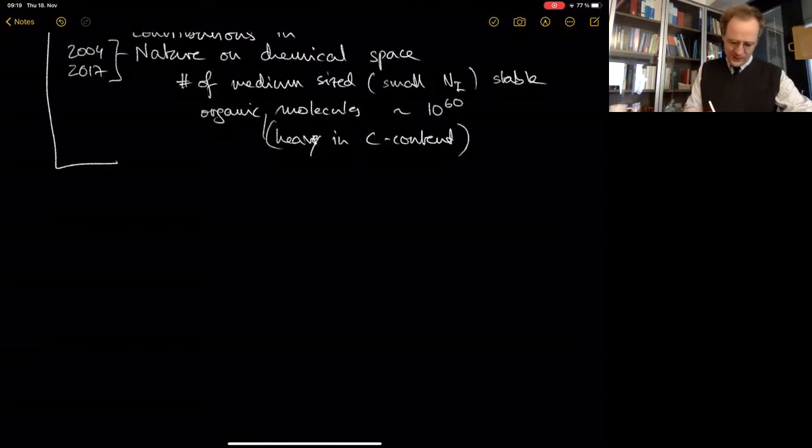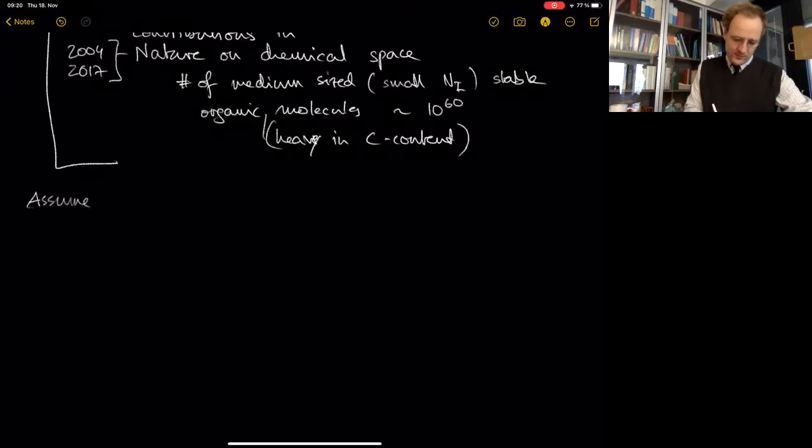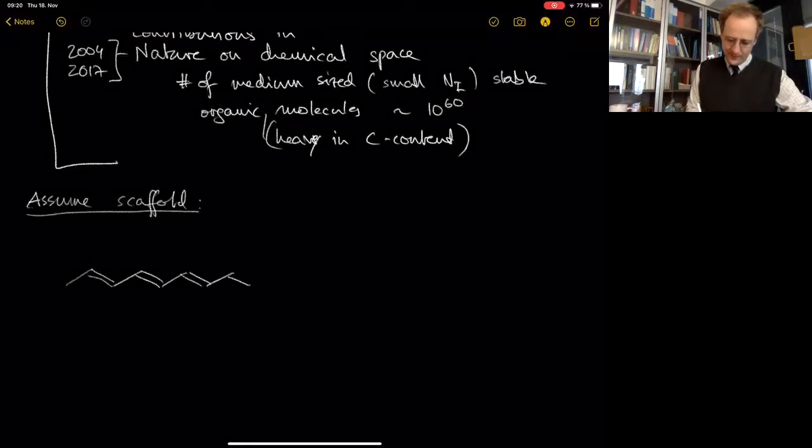So for example, imagine you have some polymer, and this can be really any sort of polymer, but here you could have a functional group, and this could be some functional group J.